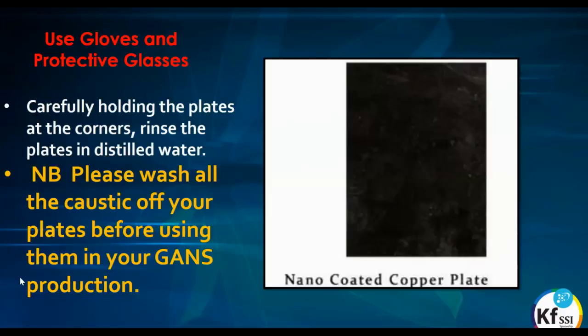My question was, if you don't rinse the caustic off your plates and you use them for GANs, then what? In that case, you will add the caustic sticking on the surface to your GANs, and that's an undesirable condition. Instead of pure GANs, you have a mixture of GANs and some caustic soda.